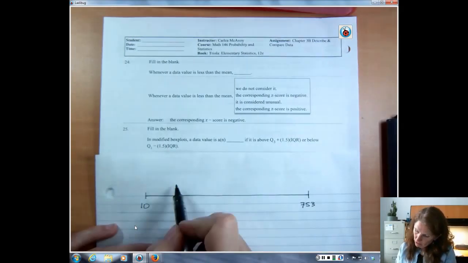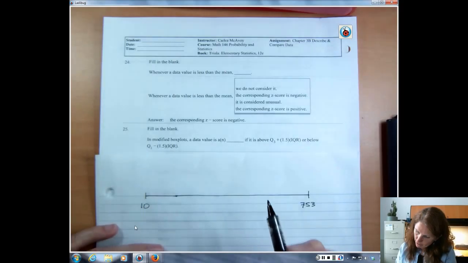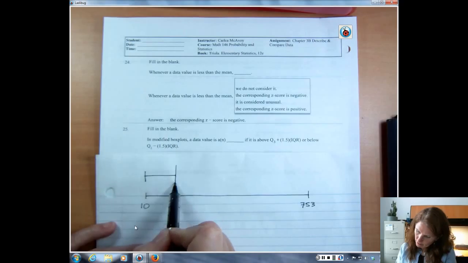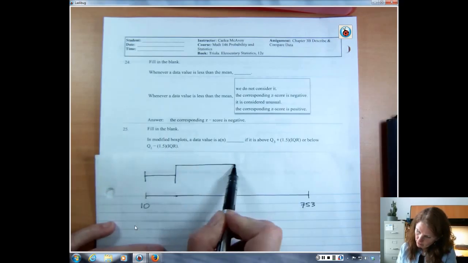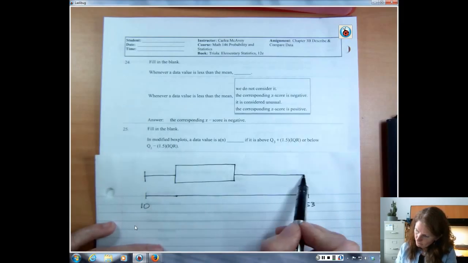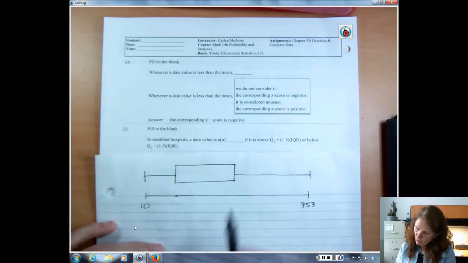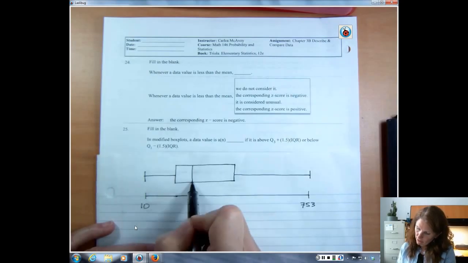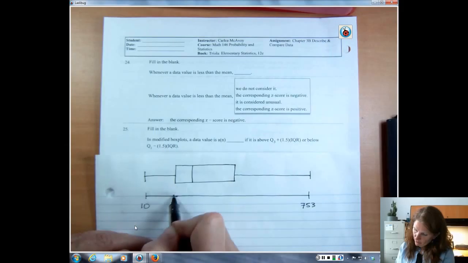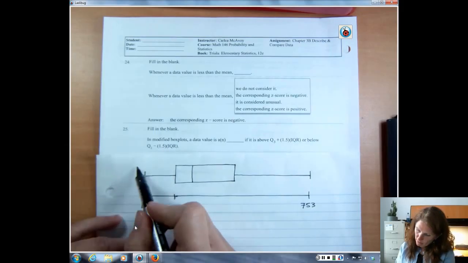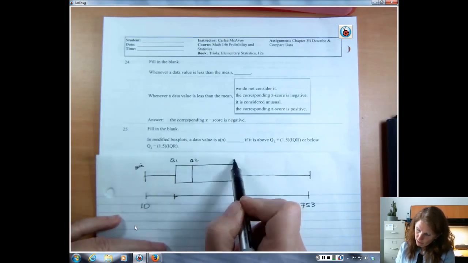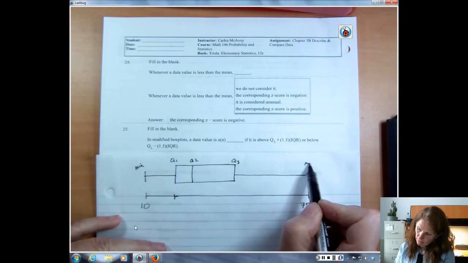And then along the way, I have this, and then it goes, that's kind of what it looks like. Remember, here I have also a median value. So my scale is probably off pretty badly, but this is my minimum, this is quartile 1, this is quartile 2 or median, this is quartile 3, this is my max.